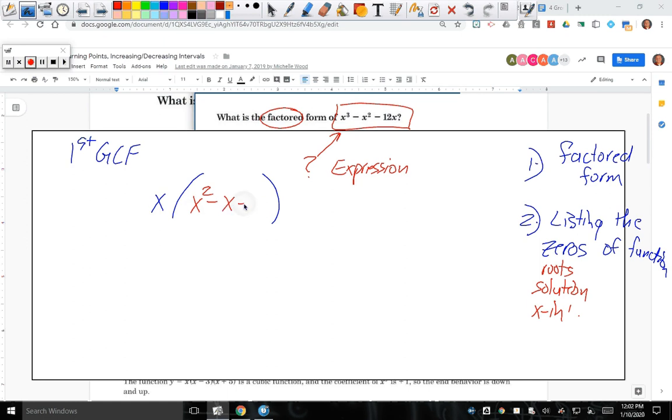And then I have my leftover scraps. Okay? Is it fully factored? No. Tell me why. Because you can still separate it out into x minus 4 and x plus 3. He's right, for sure.